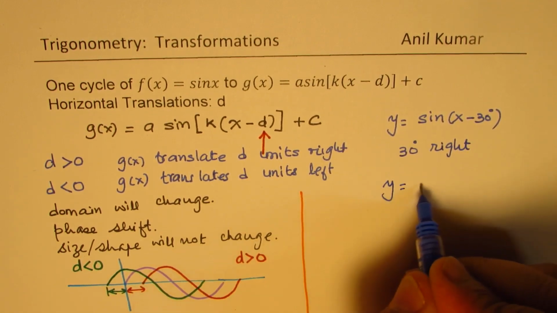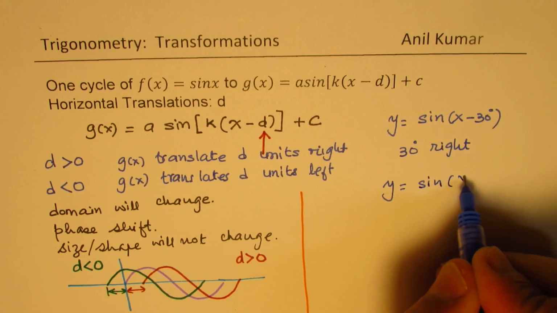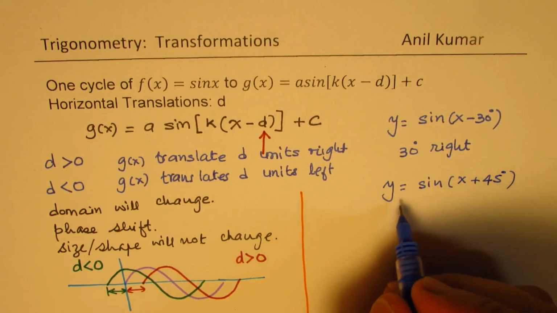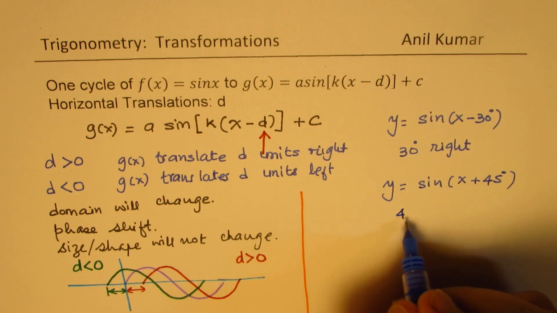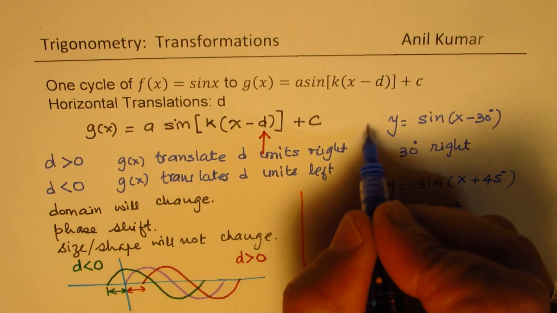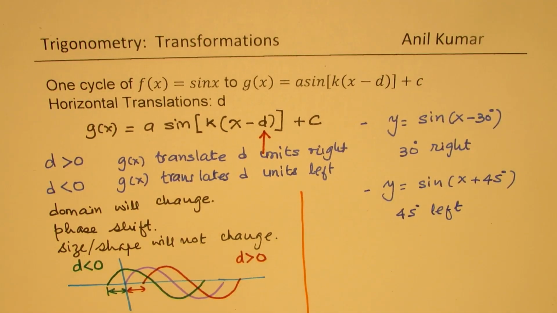And if we have y equals sine of x plus 45 degrees, in that case, the graph will shift 45 degrees left. Is that clear? So these are the two examples to illustrate.